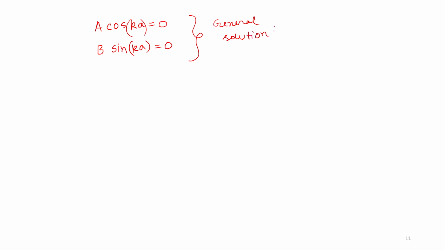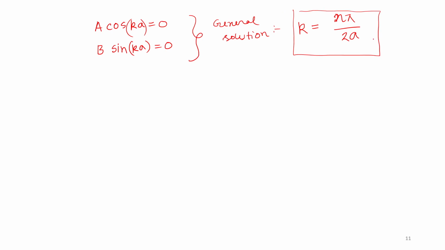The solution for these two equations is k equals n pi by 2a. The solution means for what value of k sin ka is going to be 0, right? For what value of k cos ka is going to be 0. So that is what I am saying, that the value of k should be n pi by 2a.